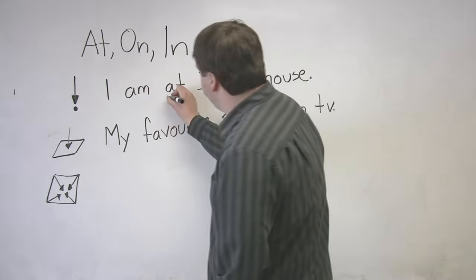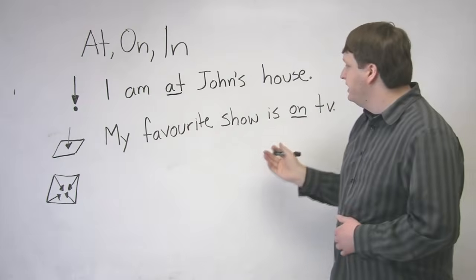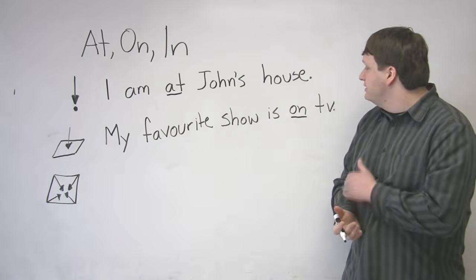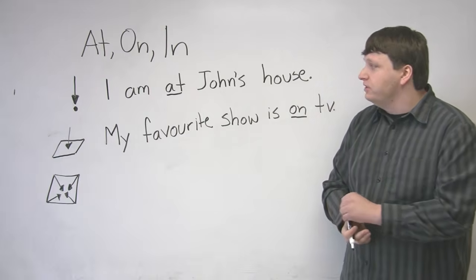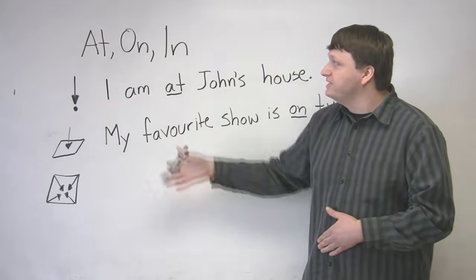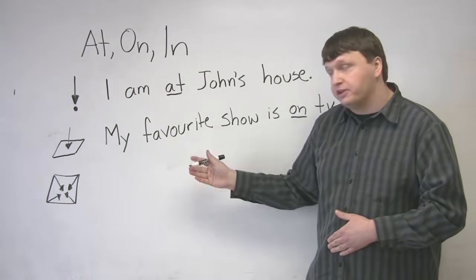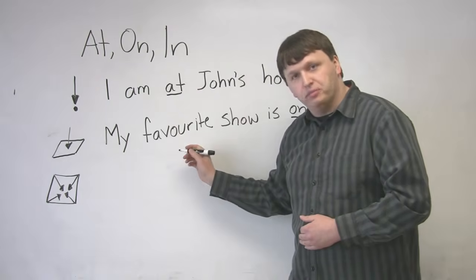Okay, so let's just underline these here. Okay, so again, we mentioned that the television screen is a flat surface. You can also say that this blackboard, or whiteboard, I apologize, is also a flat surface. Although it is vertical, you would still use the term on. I am writing on the board.